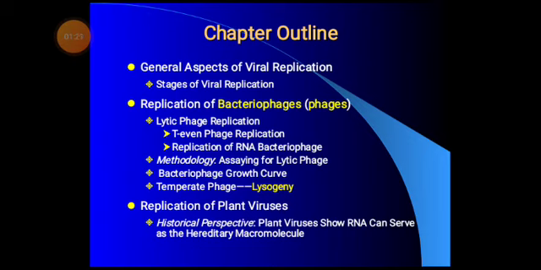We will see the methodology for assaying lytic phage, the bacteriophage growth curve, the temperate phase, what we call lysogeny, and as subtopic number 3, replication of plant virus, where we will see the historical perspective. Plant virus shows RNA can serve as the hereditary macromolecule.